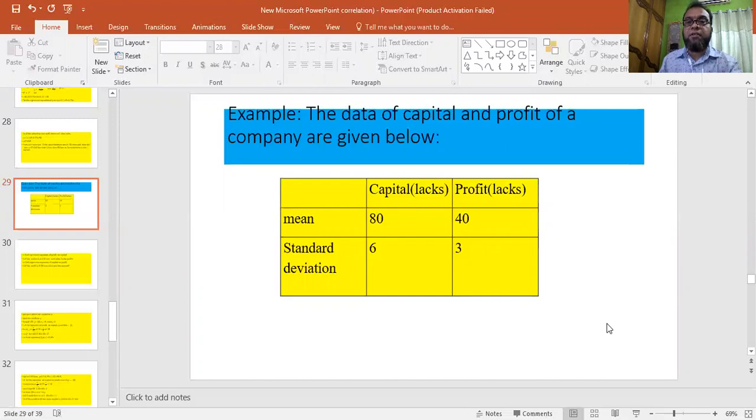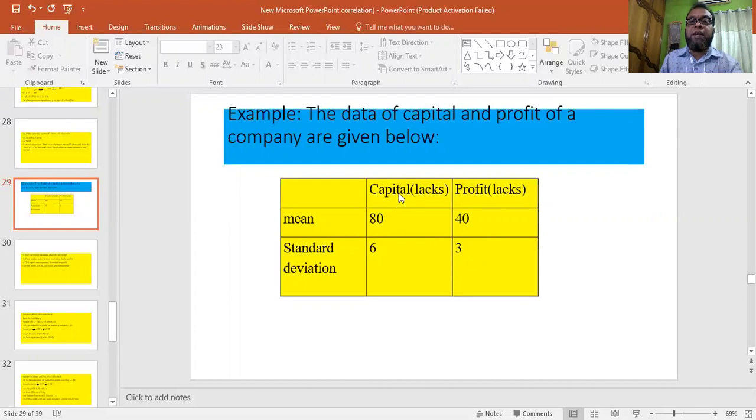That is, the mean of capital is 80 and the mean of profit is 40. The standard deviation of capital is 6 and the standard deviation of profit is 3. These four things are given.